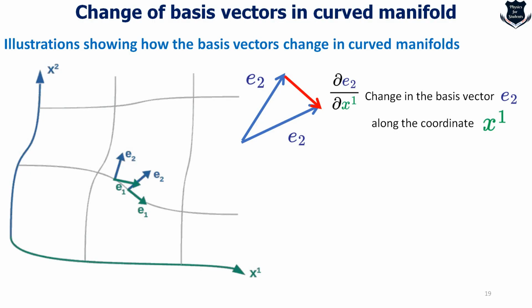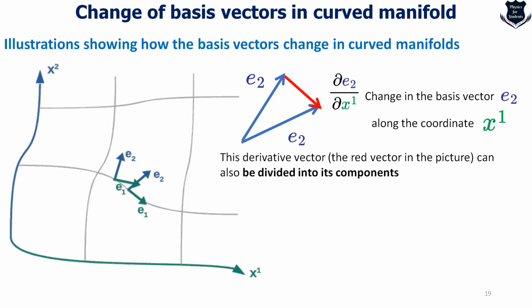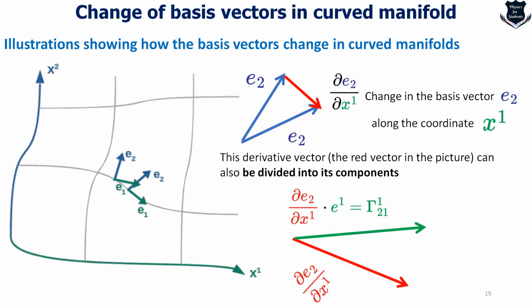Very simple. Now this red vector can also be extended and divided into components. How? I take the red vector, partial E2 by partial x1, and I take the green one, and put a dot product, because it is just a projection, and I write the Christoffel symbols.